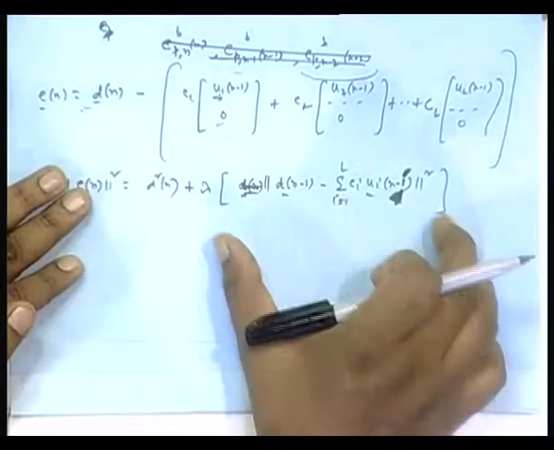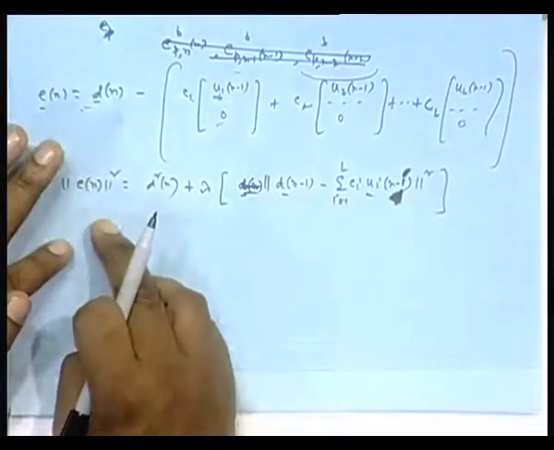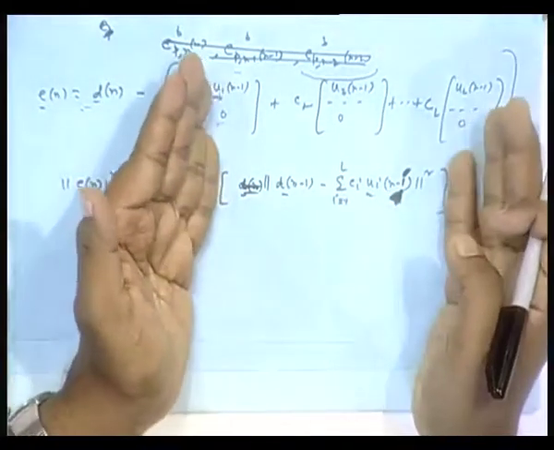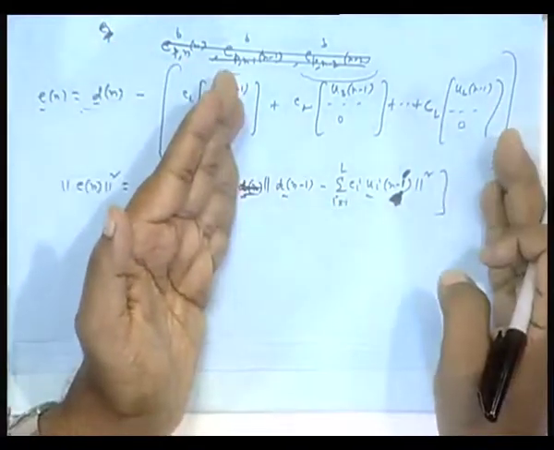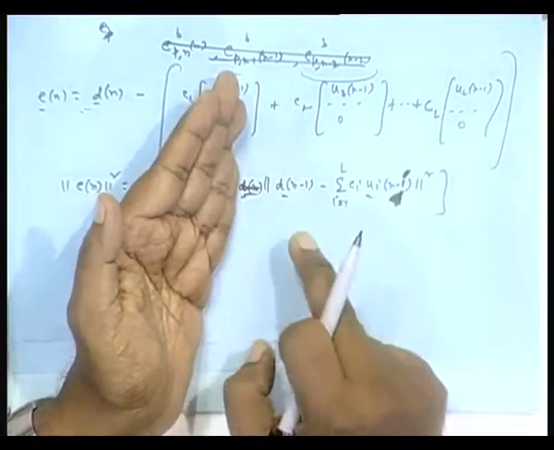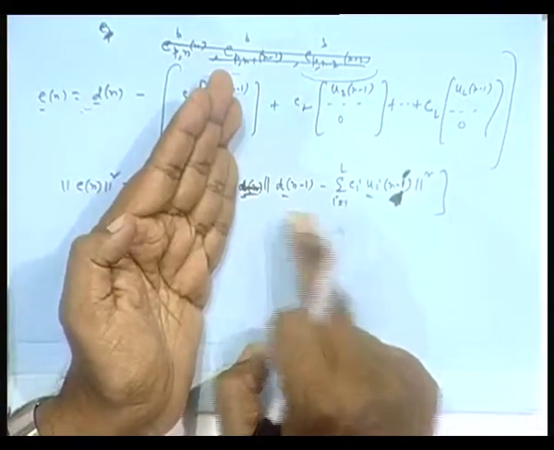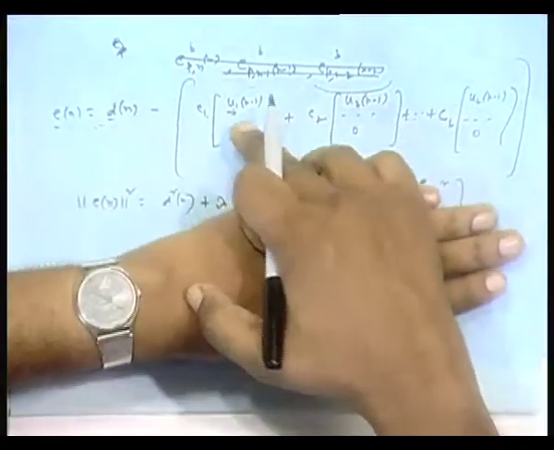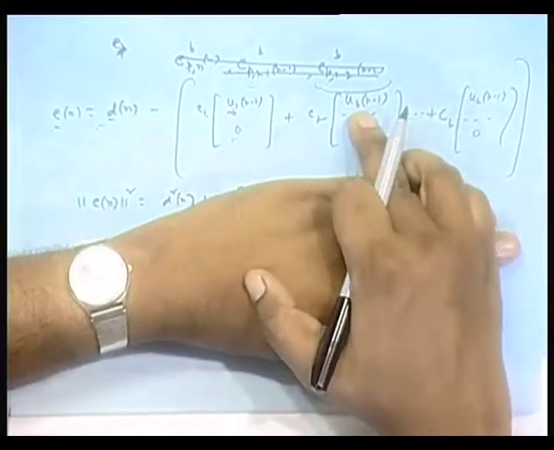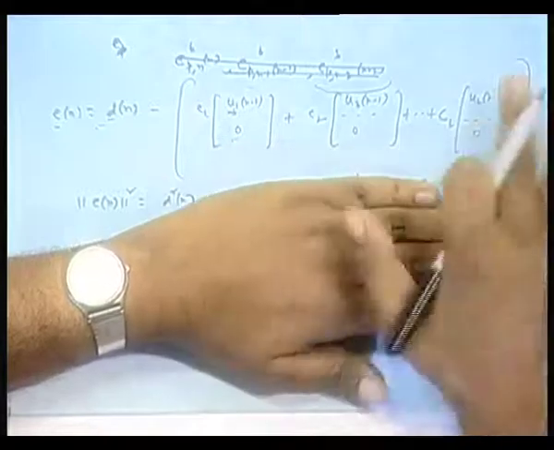Okay. So that means when you are minimizing this, you are basically minimizing this part, and you forget that lambda. When do you minimize it? When you project the vector d n minus 1 orthogonally on the space spanned by u1 n minus 1, u2 n minus 1 up to uL n minus 1, no 0 present.